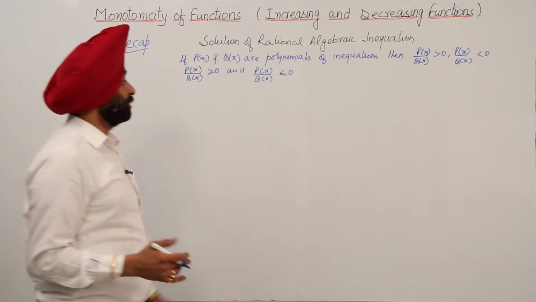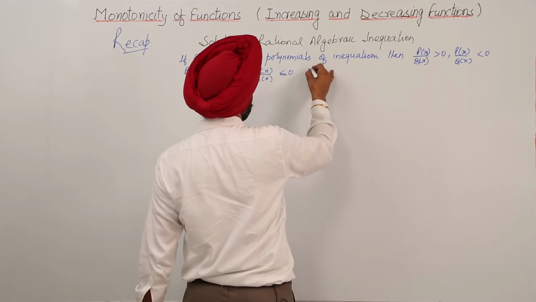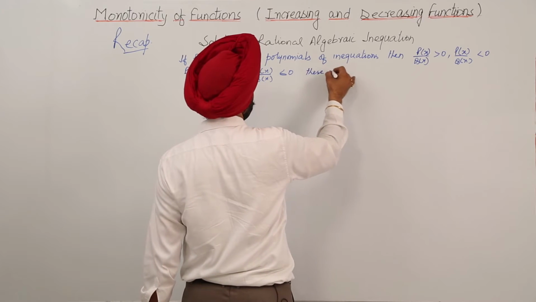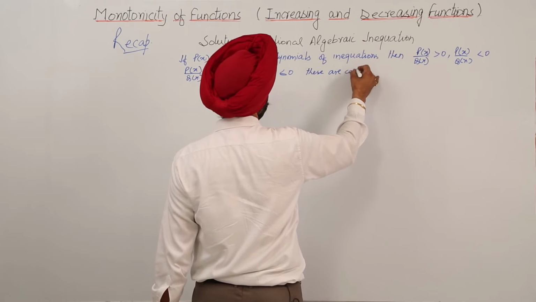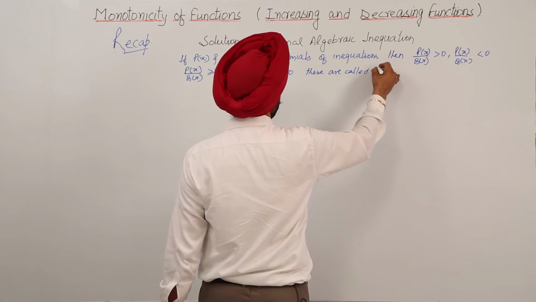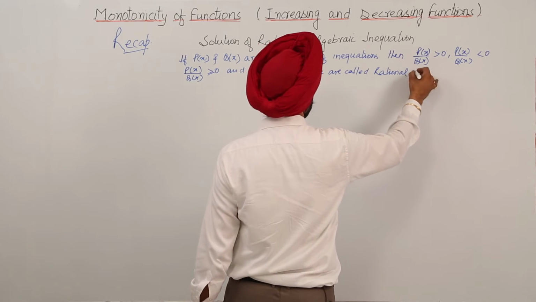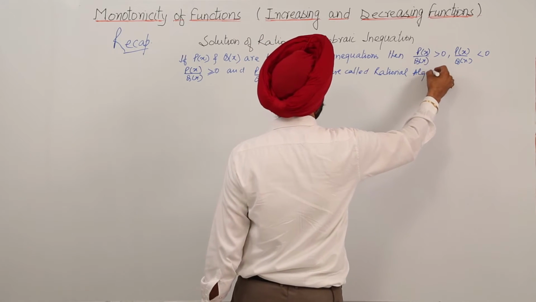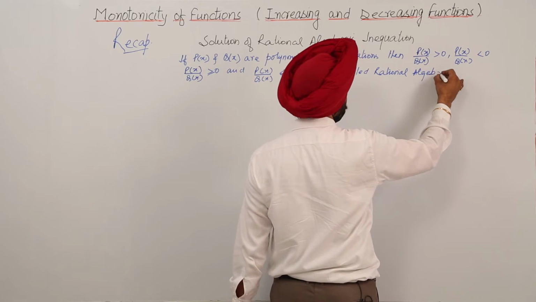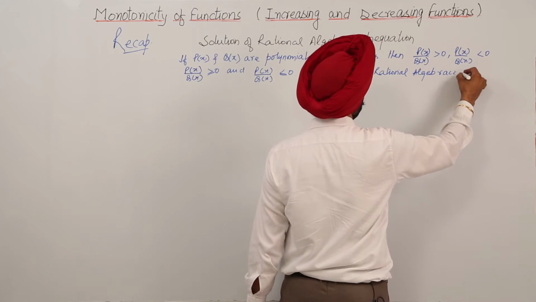And these are called rational algebraic inequations.